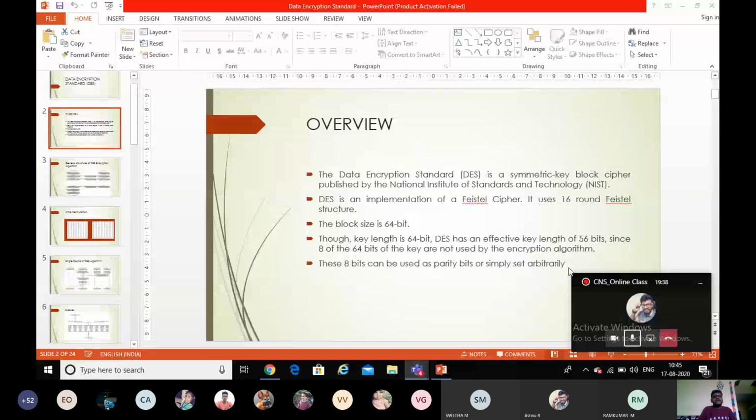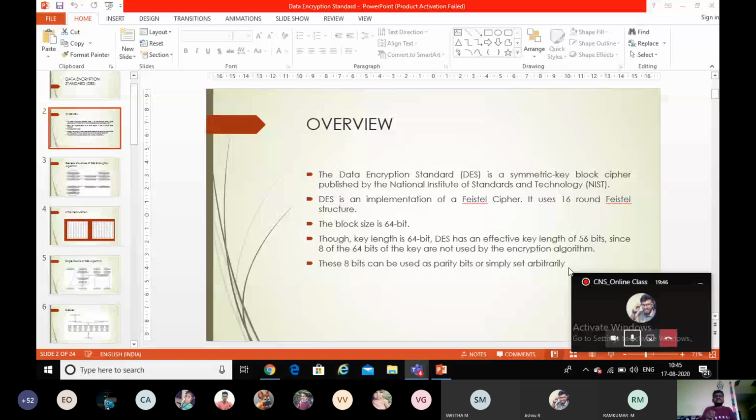We have 16 rounds and the block size will be 64 bits. It has a 64-bit plain text and also a 64-bit key for encryption. Clear? Okay. What about the next thing?